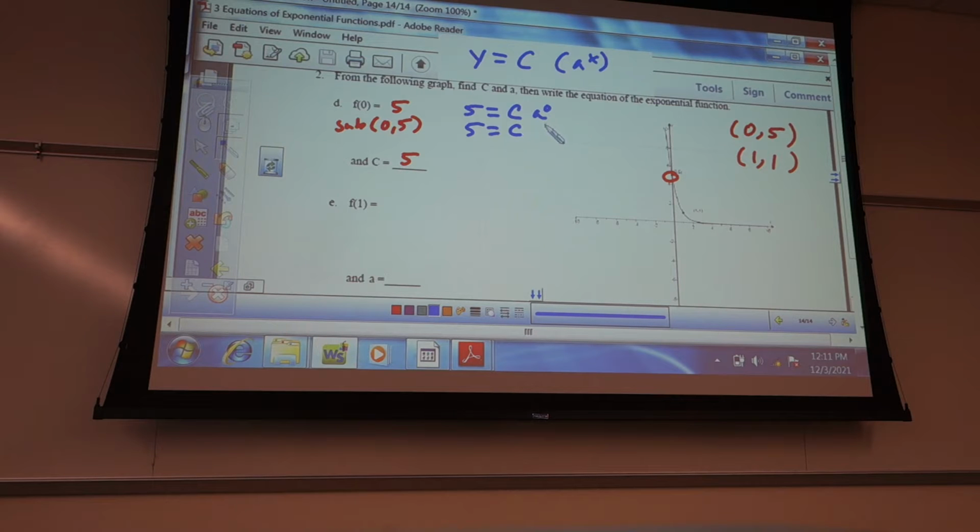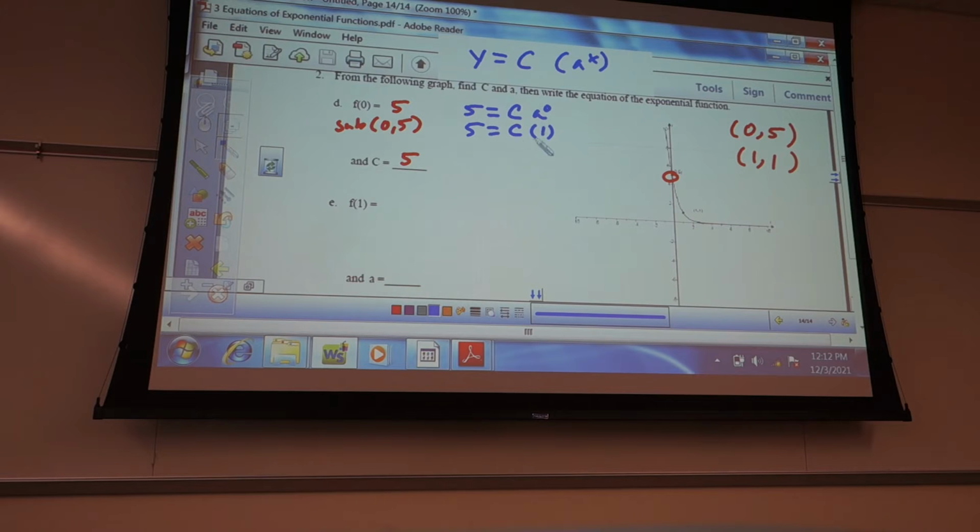Is everyone okay with that part, if I just leave it like that? If that's completely confusing, we could do c times 1, and then just divide both sides by 1. 5 over 1 equals... Wait, for this part here?